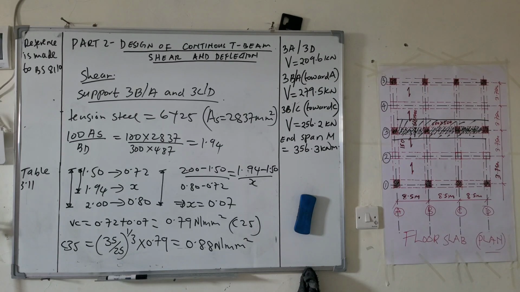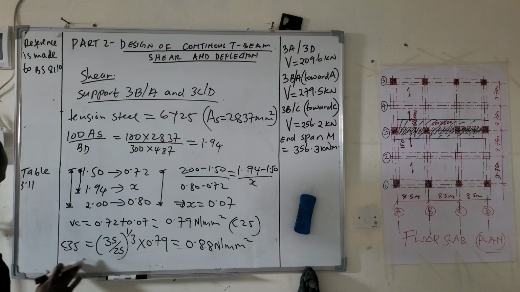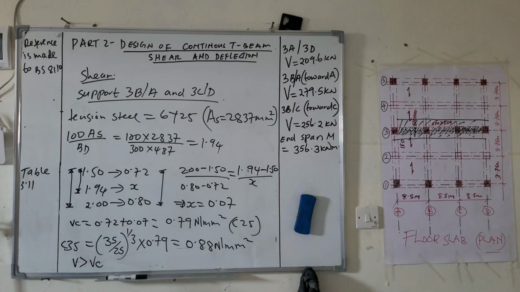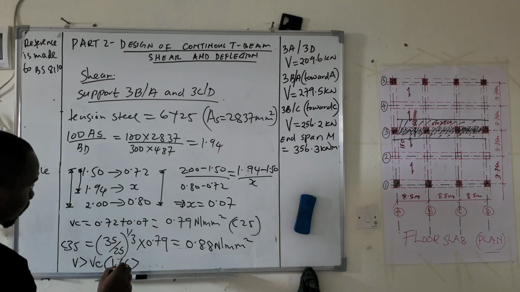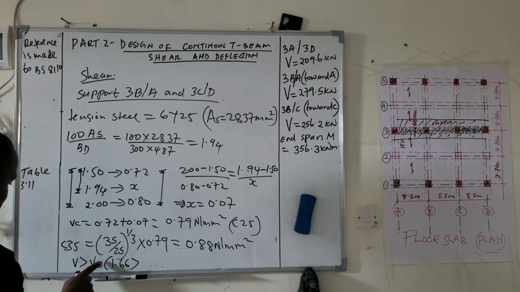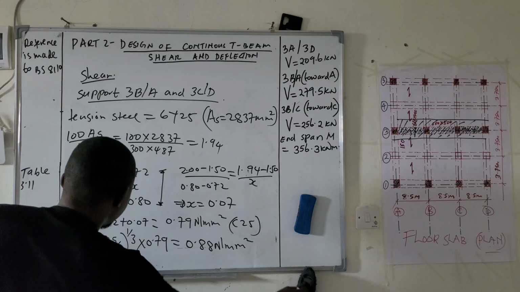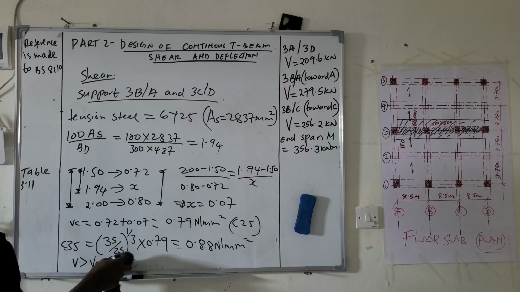Then since v is greater than Vc, our v we calculated is 1.66.